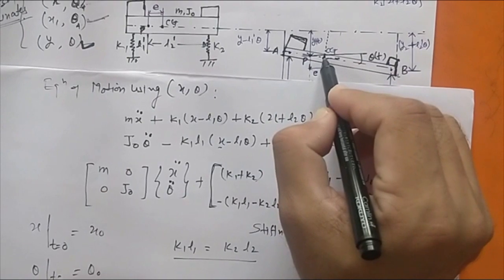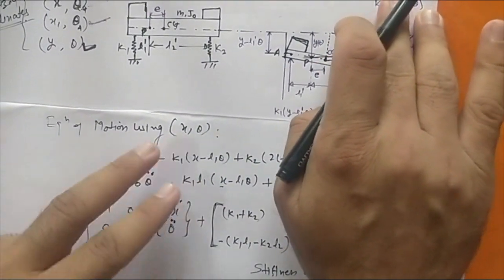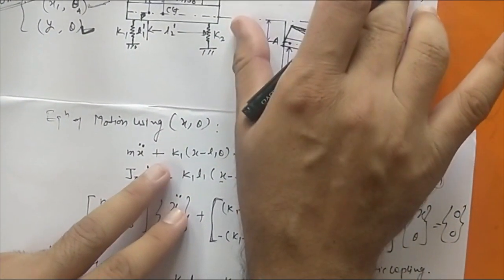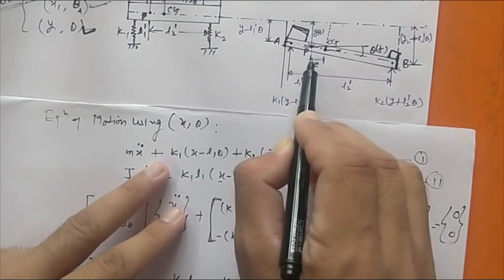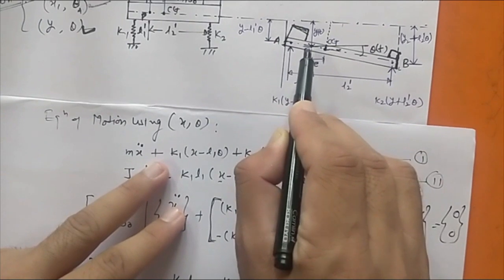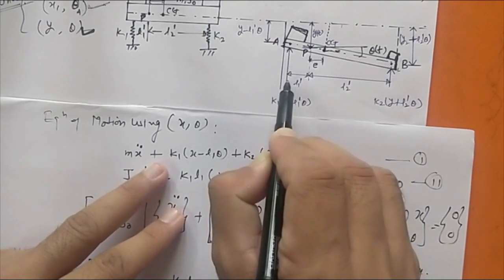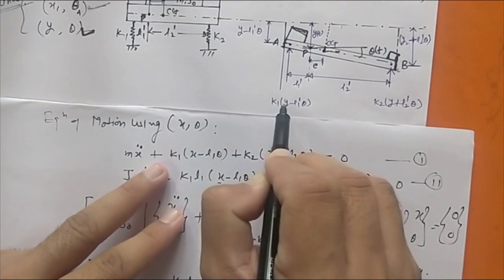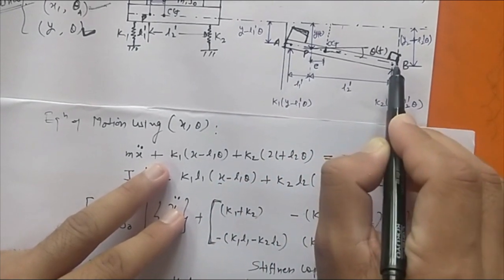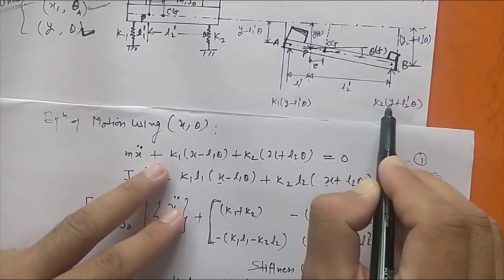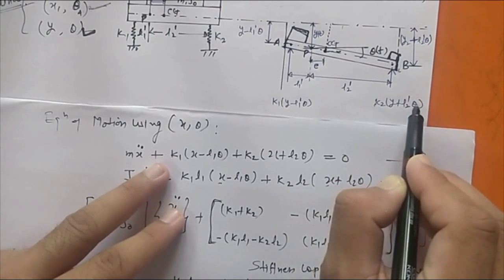Another upward force is K1. The distance of point A from point B is L1 dash, so there would be an upward force K1 times y minus L1 dash theta, and at point B there would be a force K2 times y plus L2 dash theta.